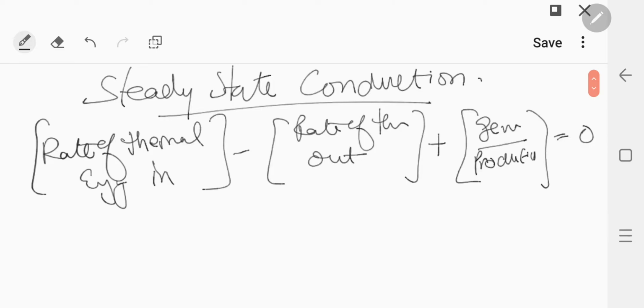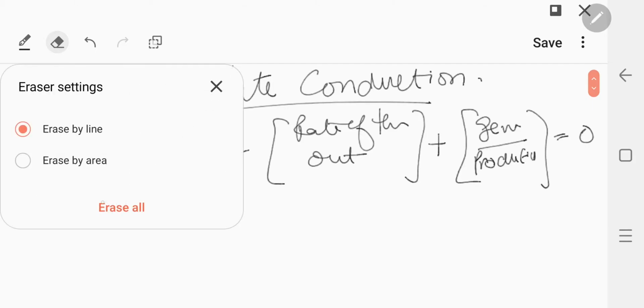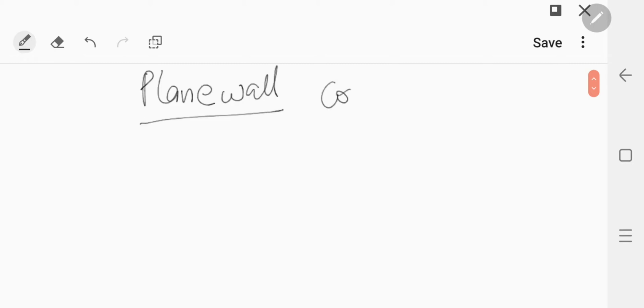So the first example which we'll consider over here is the plane wall, a plane wall with constant surface temperature.